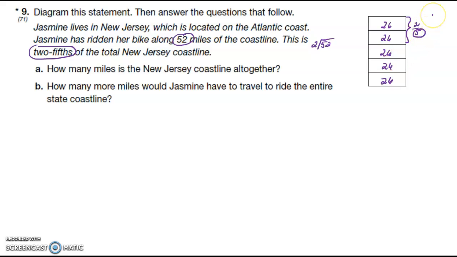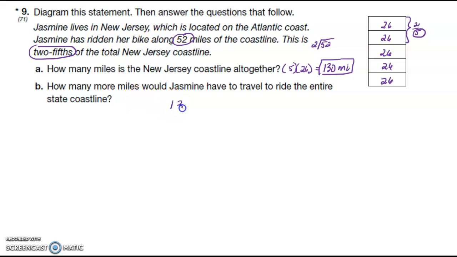It says, how many miles is the New Jersey coastline together? So I have 5 boxes. Each box has 26 in it. So 26 times 5 is 130 miles. And then I have how many more miles would Jasmine have to travel to ride the entire coastline?